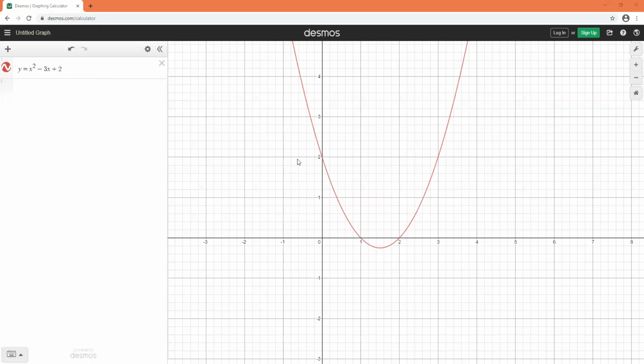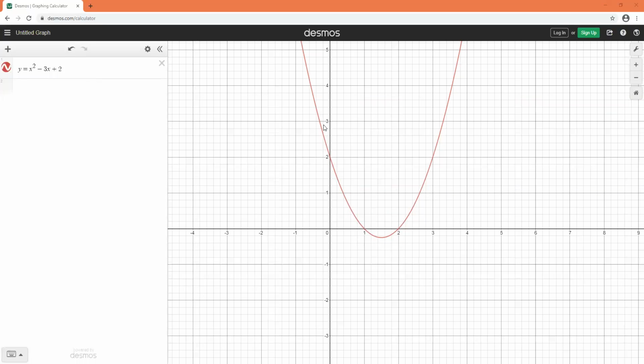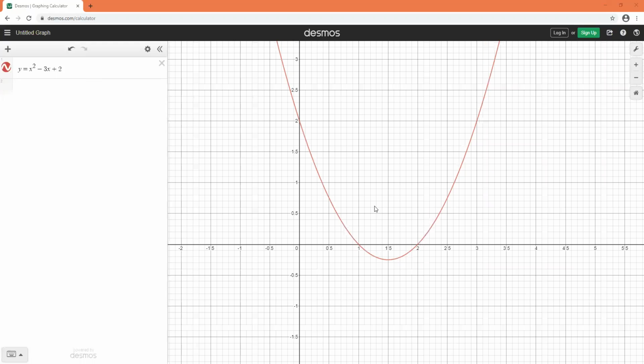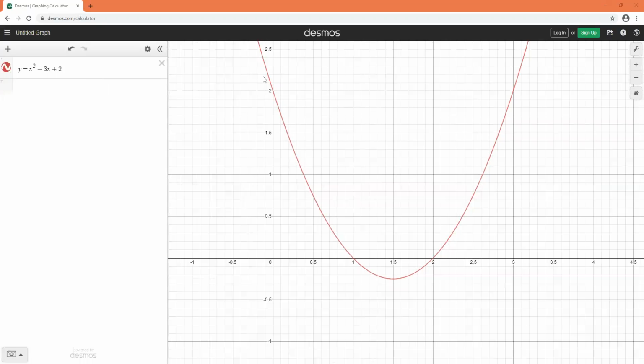As you can see here, we have a parabolic graph, a parabolic curve. This is the typical parabolic graph, and we'll talk about this in detail later. If you look at the graph, it cuts the horizontal axis, the x-axis, at 2 points. The first point is where x equals 1, and the second point is where x equals 2.